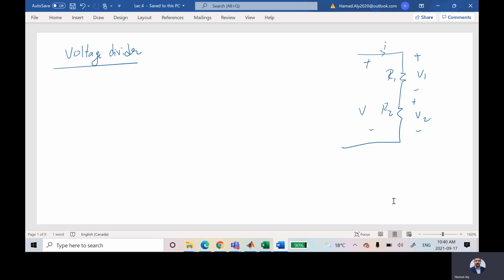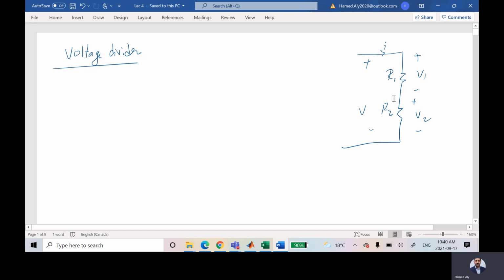So imagine I have these two resistors, R1 and R2, connected in series, and the voltage across R1 is V1, and the voltage across R2 is V2. And I know the total voltage. What is needed? I would like to find or calculate the voltage across each resistor as a function of the total voltage.